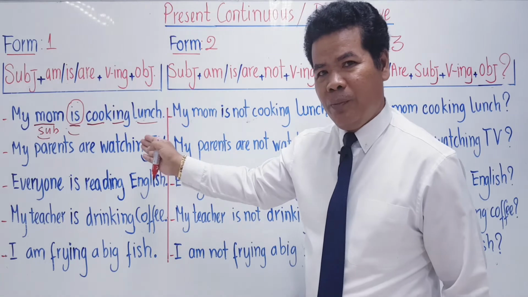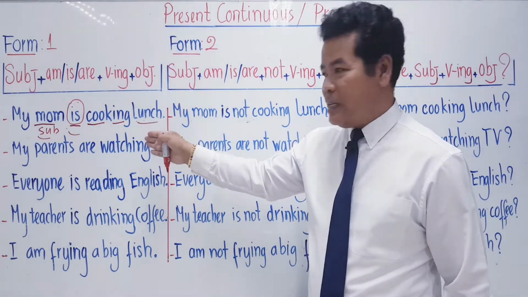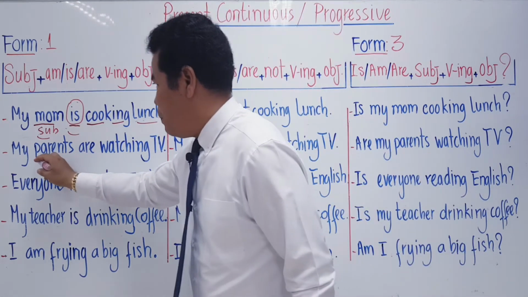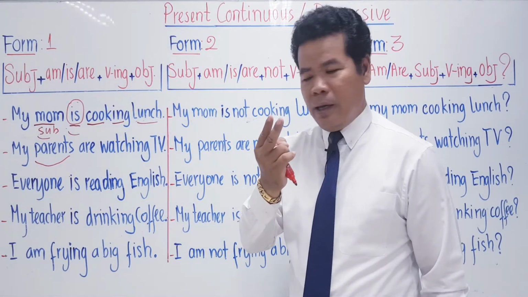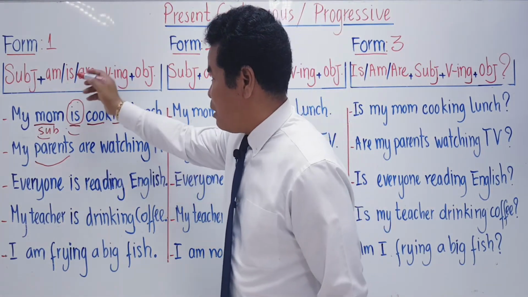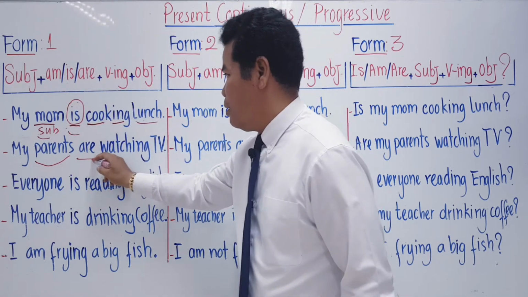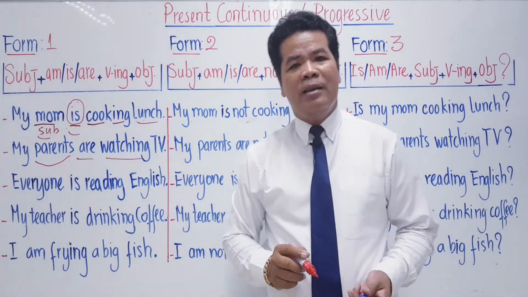Correct form. And then go to the correct sentence. Is it the correct sentence or is it not the correct sentence? Now here we go. My parents. How many people? 2 people. Alright? So do we use the part of verb to be am or is or are? We use are. And then verb plus ing. This is the correct sentence.